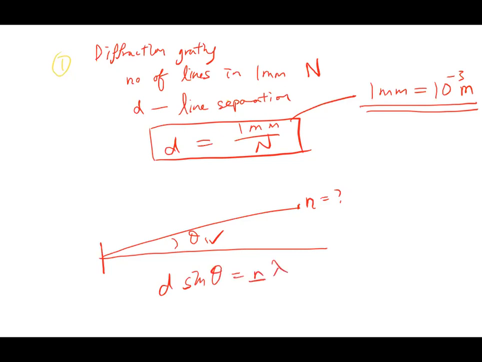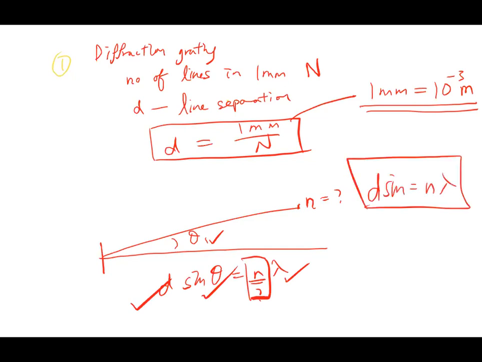If we look for this unknown, you need to put the correct value of lambda, the correct value of d and the correct value of theta so that you can find n. Is it okay? So always make good use of this equation, depending on the unknowns or the values the question will give.